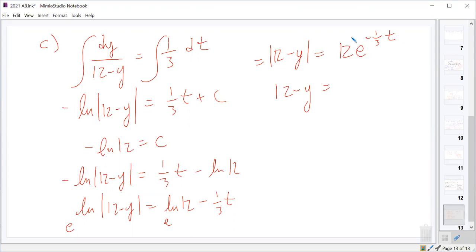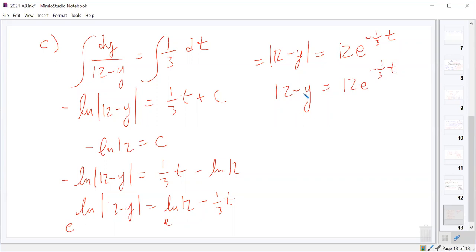When t is 0, what does the right side become? 12 e to the 0, or just 12. So that could either be a positive or a negative 12, depending on if we put the positive or the negative in. Over here, 12 minus the 0 should be 12. So we need 12 equals positive or negative 12. Well, that should be 12 equals positive 12, not 12 equals negative 12. So we're just going to leave this as 12 e to the negative 1/3 t.